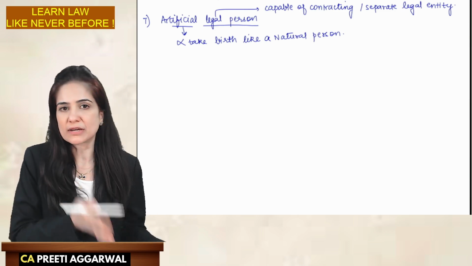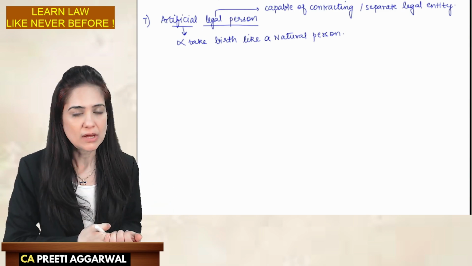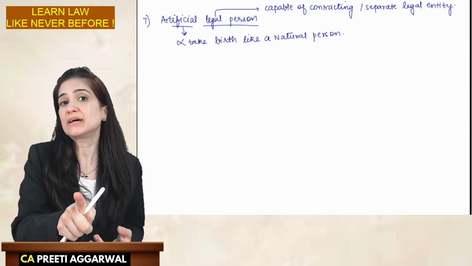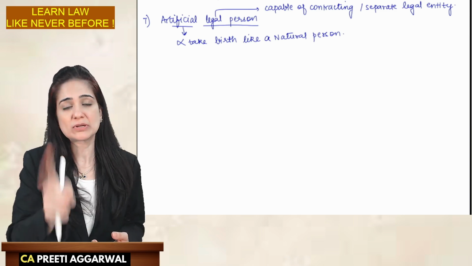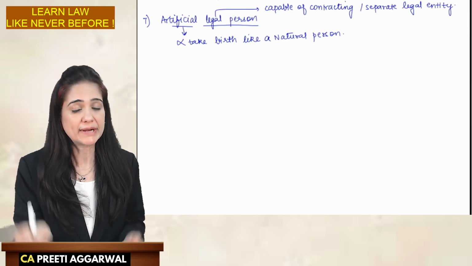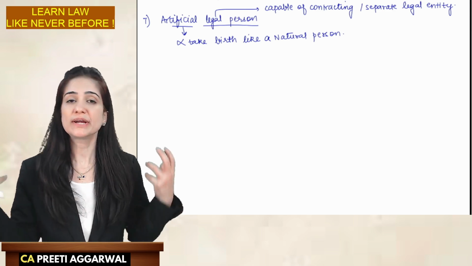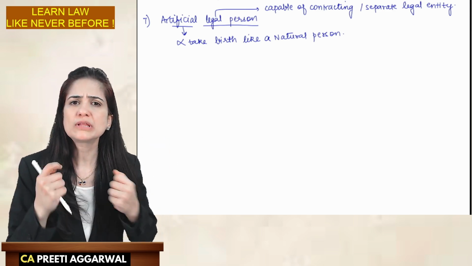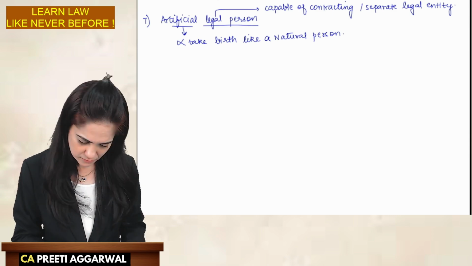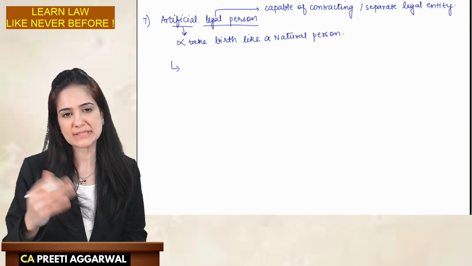So why is it artificial? Because it does not take birth like a natural person, but it is legal. We recognize it as a person separate from the partners. It is capable of contracting. It is clothed with all the rights of an individual. Let us also write one more understanding of it.